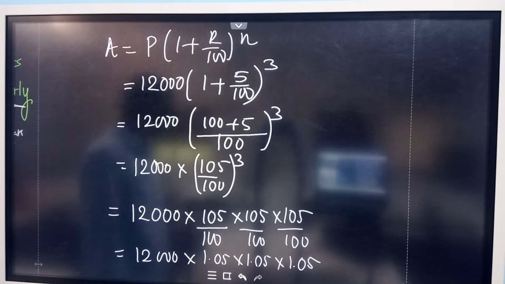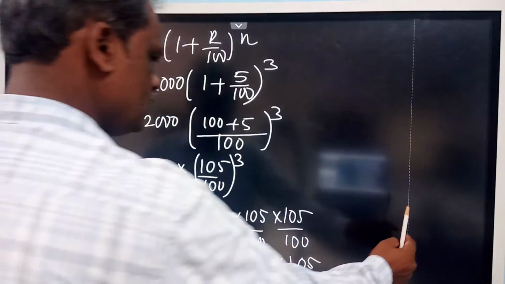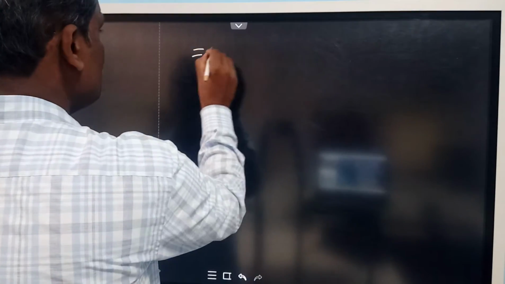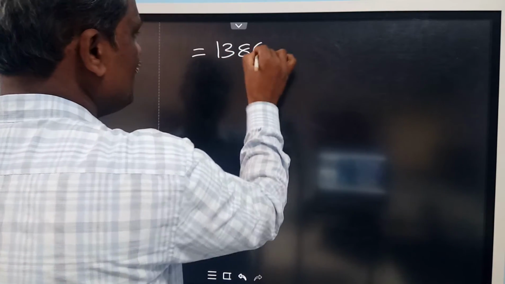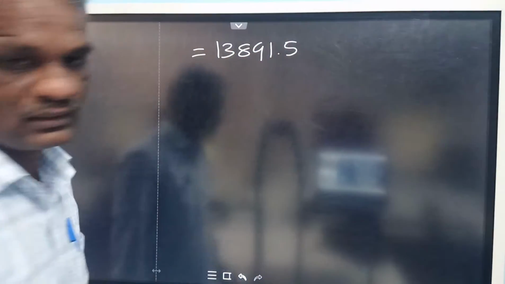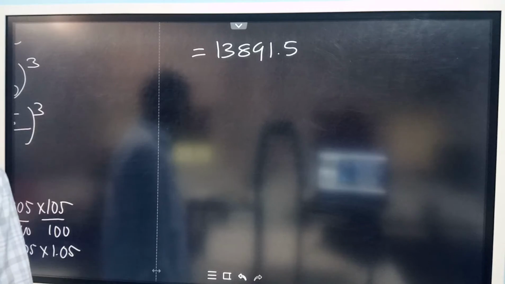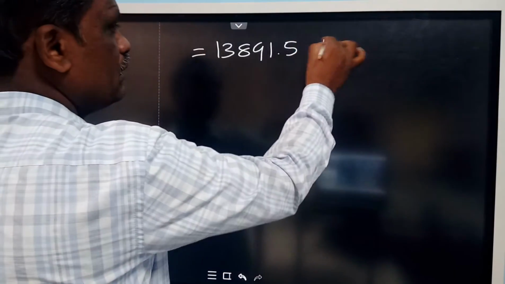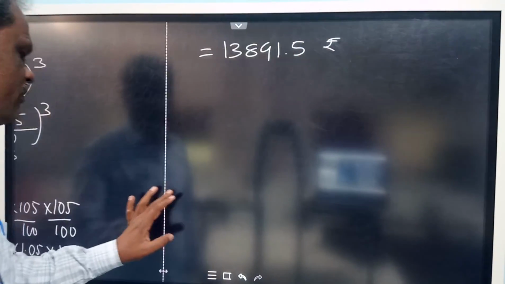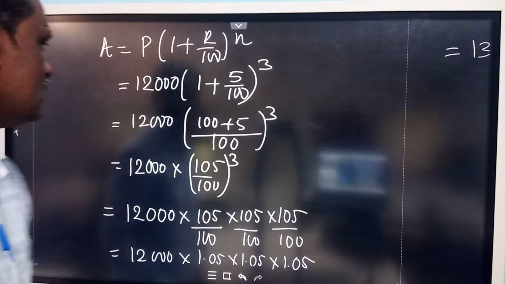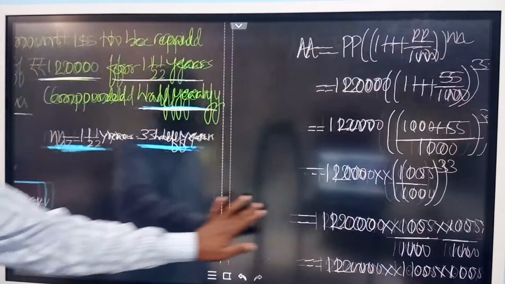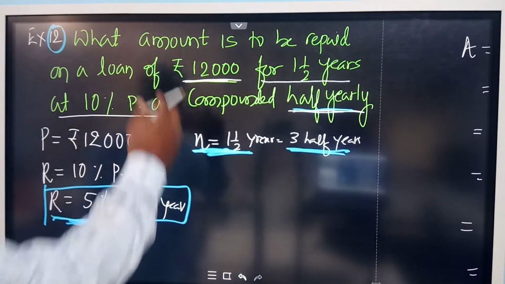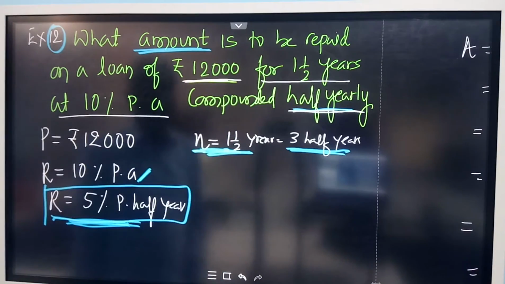You will get this amount equal to 13,891.5. This is the amount you are going to get after 3 half years, based on the half yearly calculation. So we got the amount here. What is the amount to be repaid?